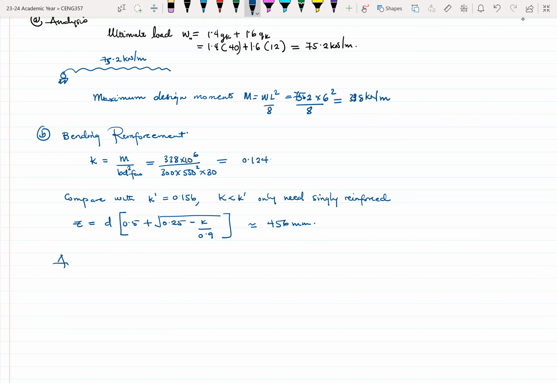So the area of steel required, AS, is equal to M over 0.87 FY Z. So this becomes 338 times 10 exponent 6 divided by 0.87, and our FY was 460, times a Z value of 456.